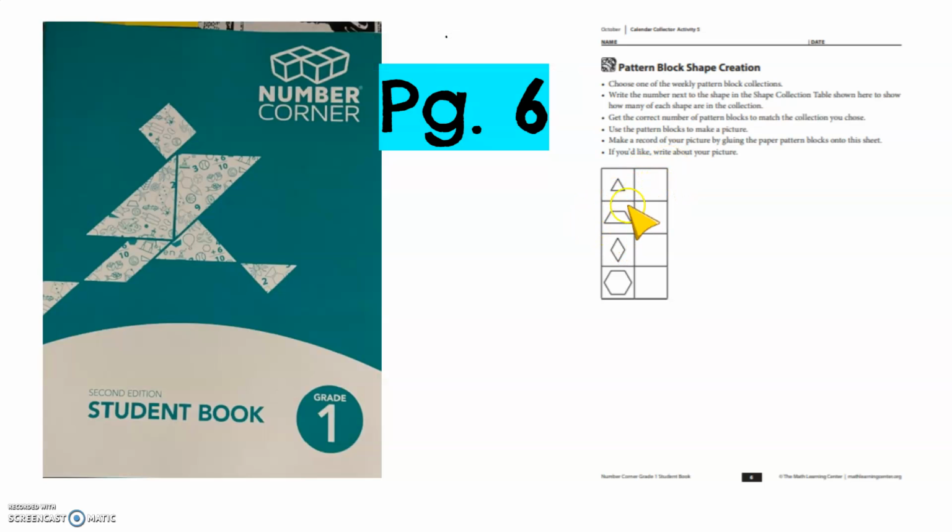You're going to count each shape, how many triangles we have, how many trapezoids we have, how many rhombuses we have, and how many hexagons. I'd like you to take a moment, go through each one of those and write down how many you have.